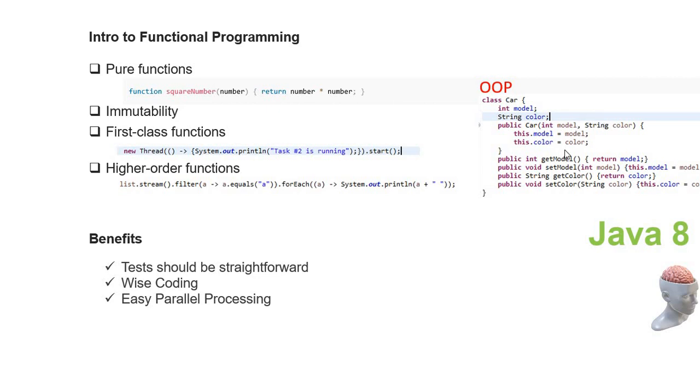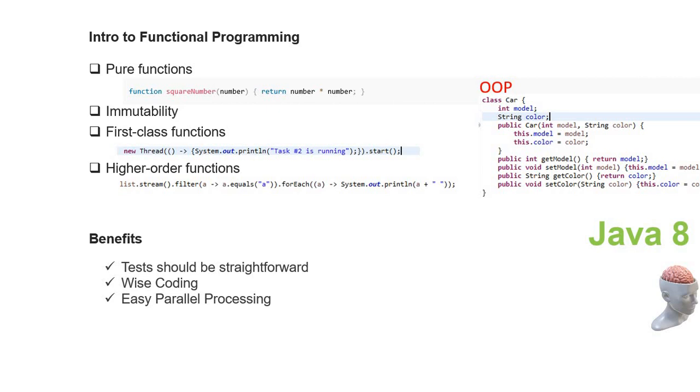In the OOPS world, multi-threading is a big problem, and there are multiple ways to overcome it, like adding synchronization or making use of locks. But in functional programming, everything is immutable, so it is easy to run your Java code in a multi-threading environment. That is one major advantage of using functional programming in the Java world.